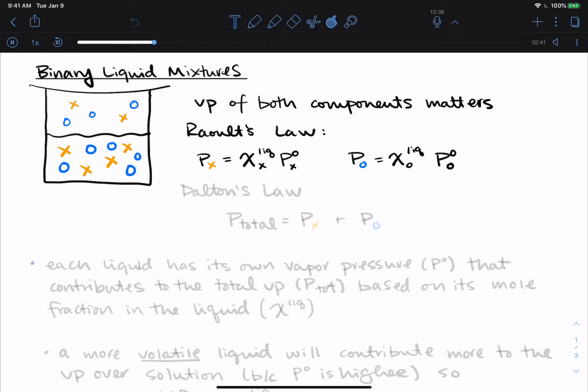So each one has its own contribution to the vapor pressure.